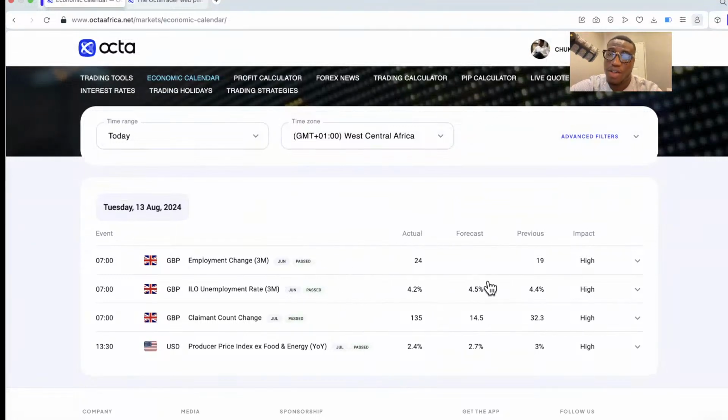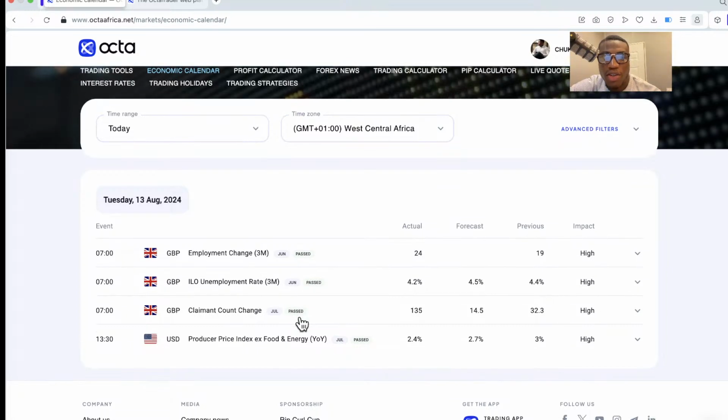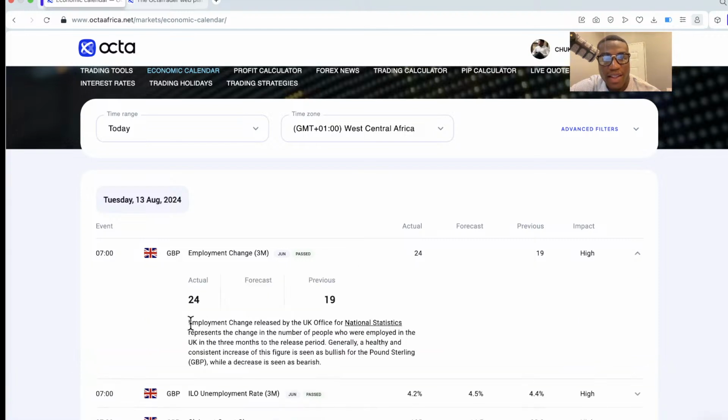But if you're a beginner trader trying to understand the economic calendar, so you don't miss out on some important events, you can always add the medium impact events. And Octa has done a good job for us by helping us define these events so that you can understand what each event means and how important it is to the currency you're trading.